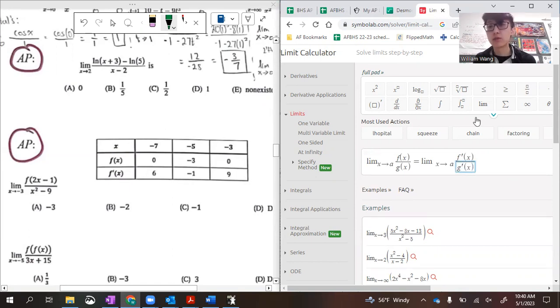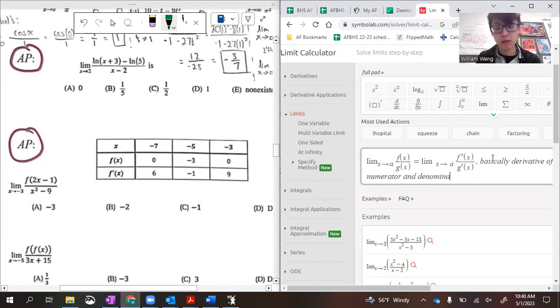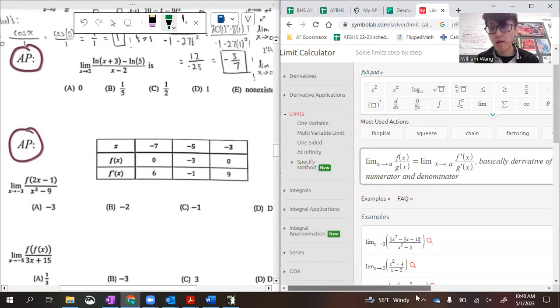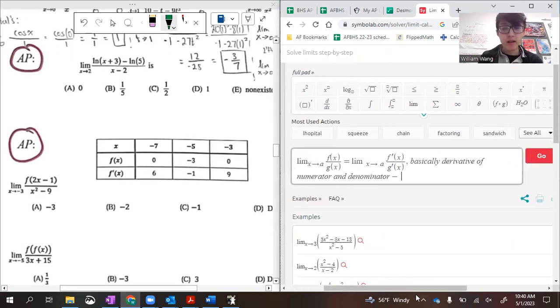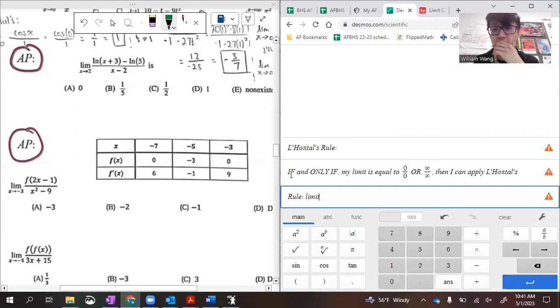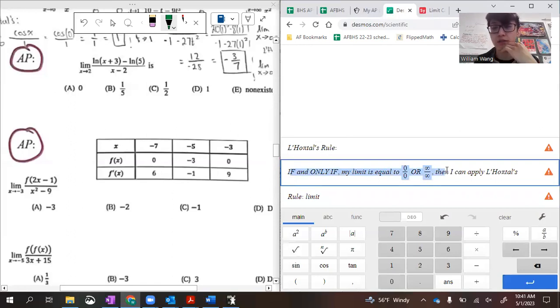So basically, I take the derivative of the top and bottom. Basically, derivative of numerator and denominator. Then retake the limit. Remember, I can only do this if and only if my limit is equal to 0 over 0 or infinity over infinity. So hopefully you have this down for your notes.